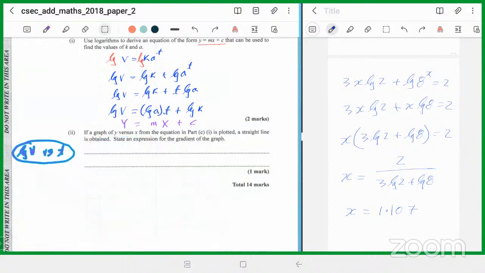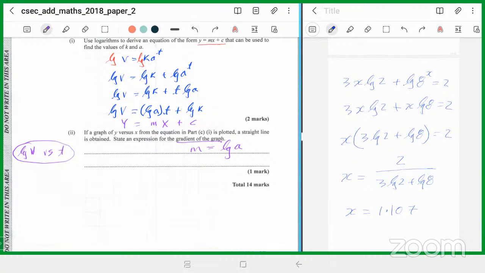They're asking us, when we get that straight line, what is going to be our gradient? The gradient is going to be the m, which in this case is the log of a. If they wanted the log v axis intercept or the y axis intercept, that would be the c, which is the log of k.